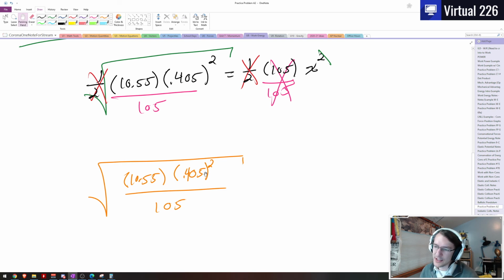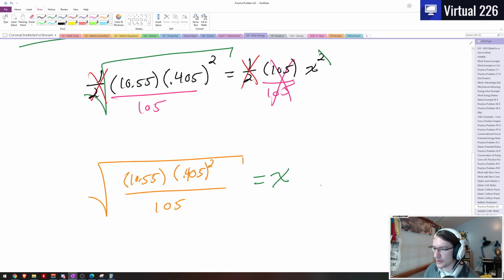And yes, we could just square root the 10.55 and the 105 and get rid of the square on the 0.405, whatever. But this is just what it will be without simplifying it. Sometimes it's easier to leave it like this and just let the calculator do the work. But that will equal the compression distance of our spring.